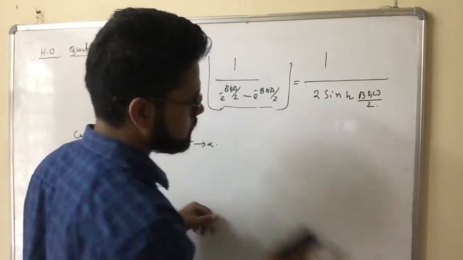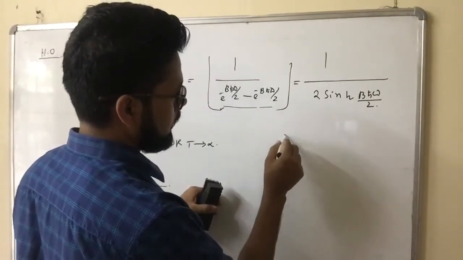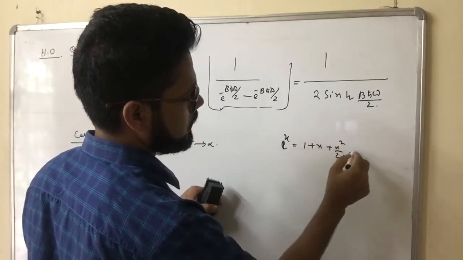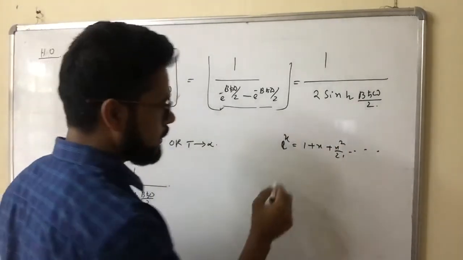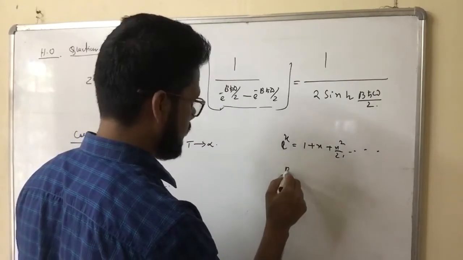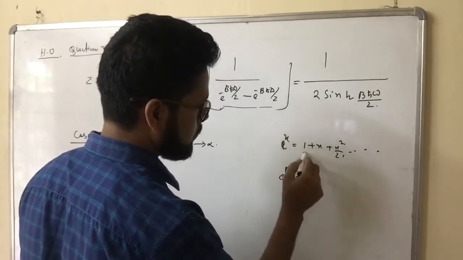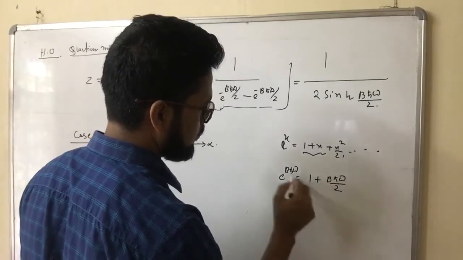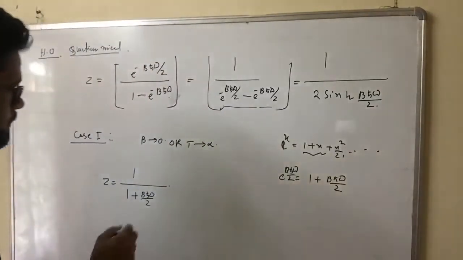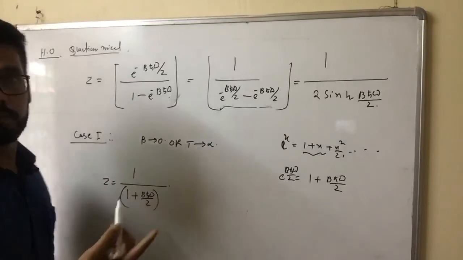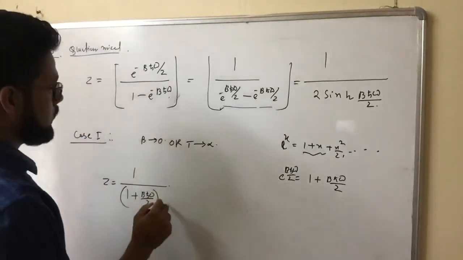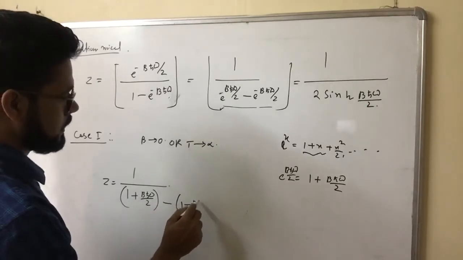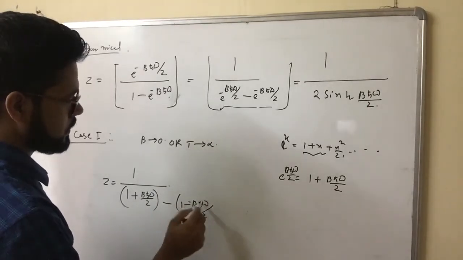From this value. e to the power x means 1 plus x square by factorial 2, something like that. So for e to the power minus beta h cos omega by 2, I am considering the first two terms, 1 plus beta h cos omega by 2. Otherwise everything will become 0. So minus this term, 1 minus beta h cos omega by 2.